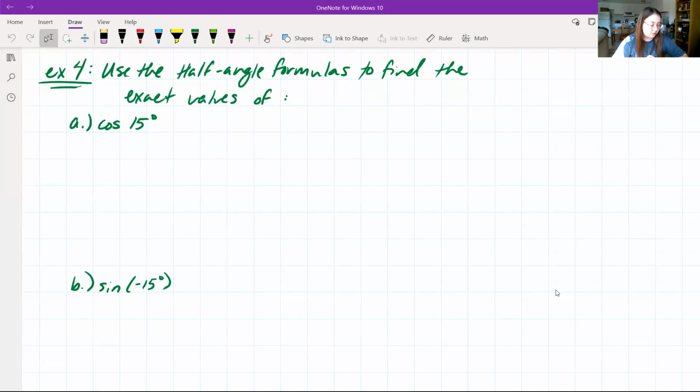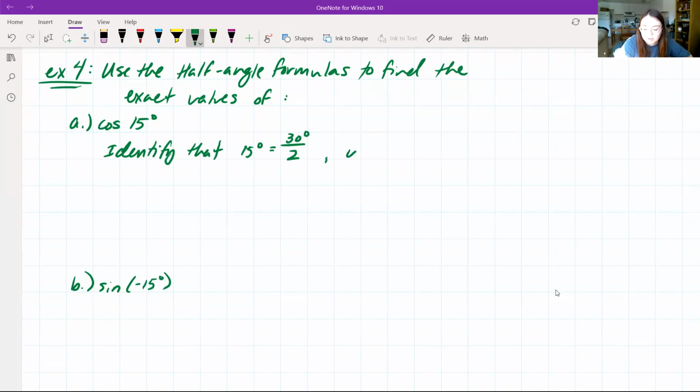For part A, we have cosine of 15 degrees. We can identify that 15 degrees is going to be equal to 30 degrees divided by 2. Which when we use our half angle formula, we're using some angle value divided by 2.